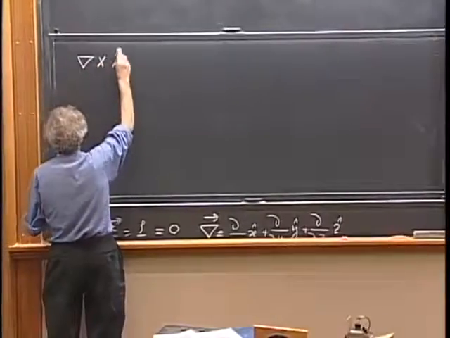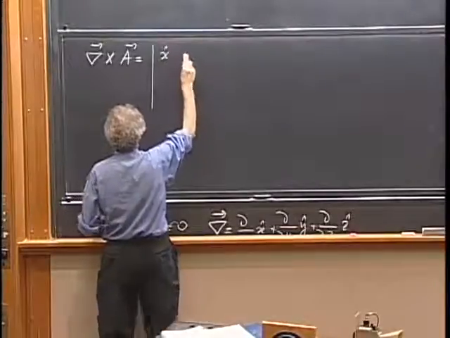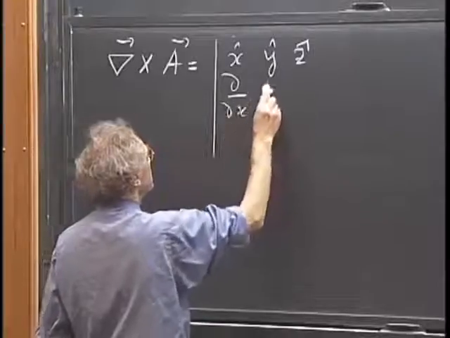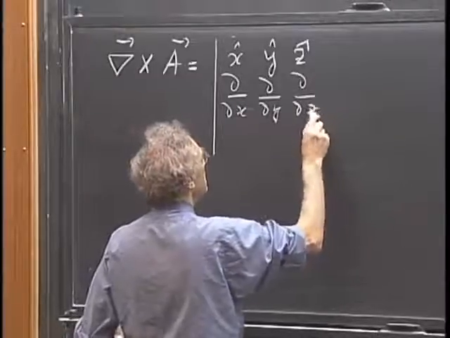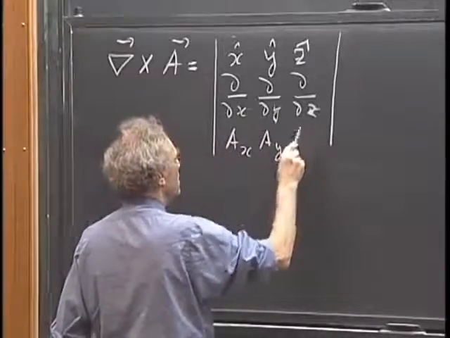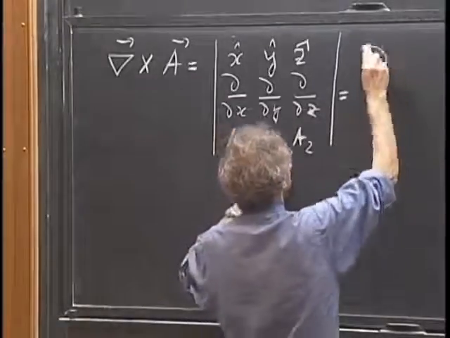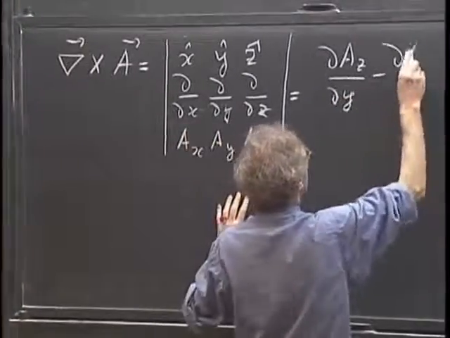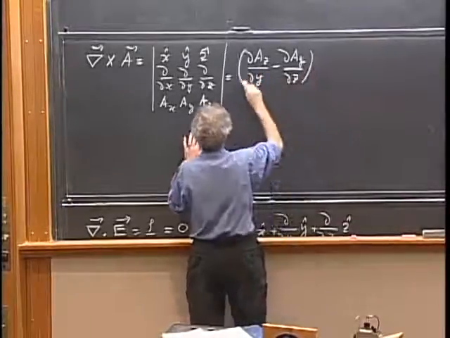The curl of A, the way I remember it, and you probably do the same: x, y, z, d dx, d dy, d dz, and then you get here Ax, Ay, Az, and that then becomes dAz dy minus dAy dz, and that is in the x direction.